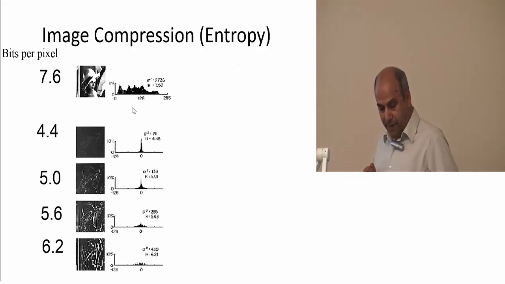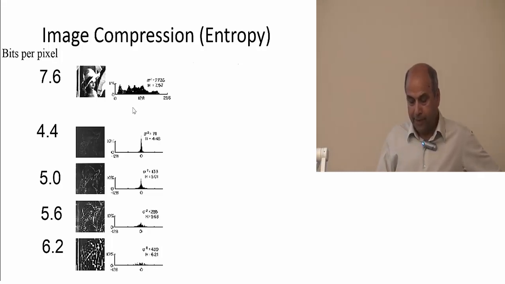So it has all kinds of gray levels here, and so we can look at what is called entropy of this image, which will give us an idea how much information this has and how many bits we require to represent this. And if you look at the minimum number of bits we need to represent this image with this histogram is 7.6 bits per pixel.